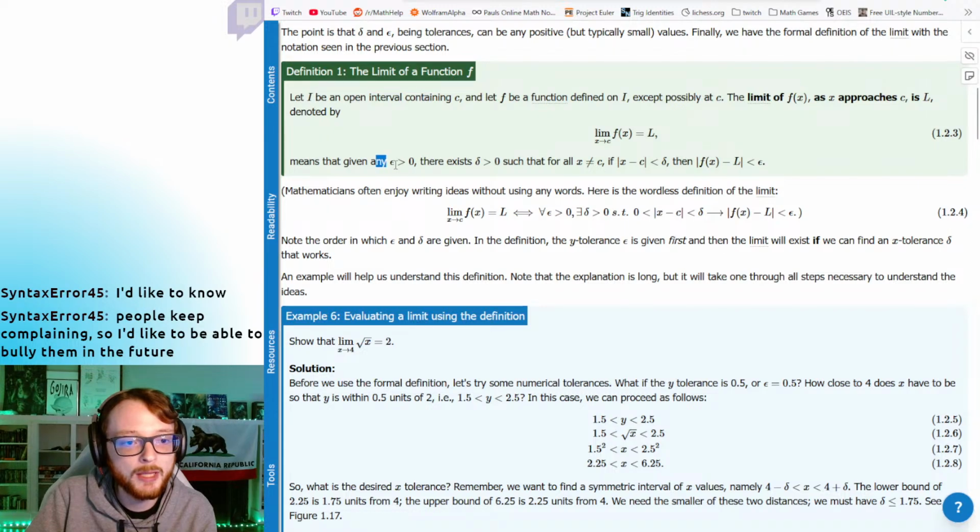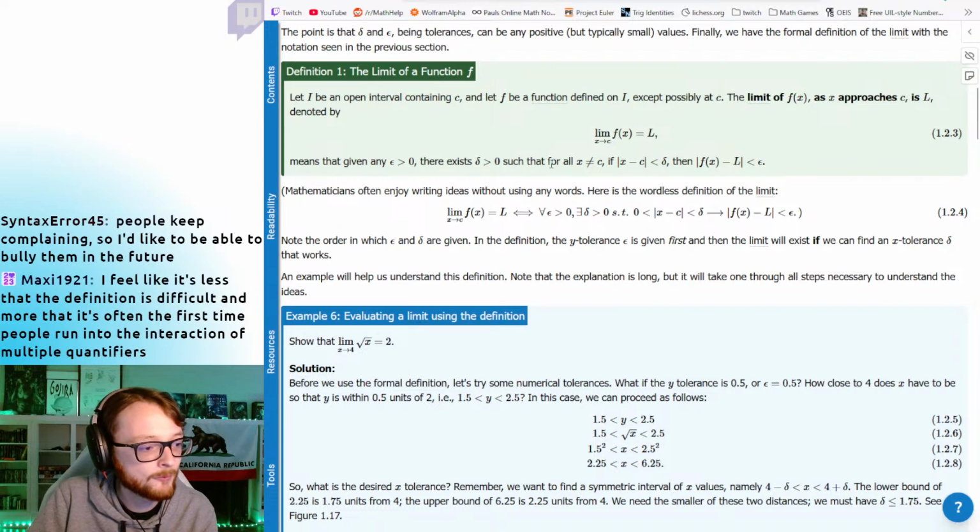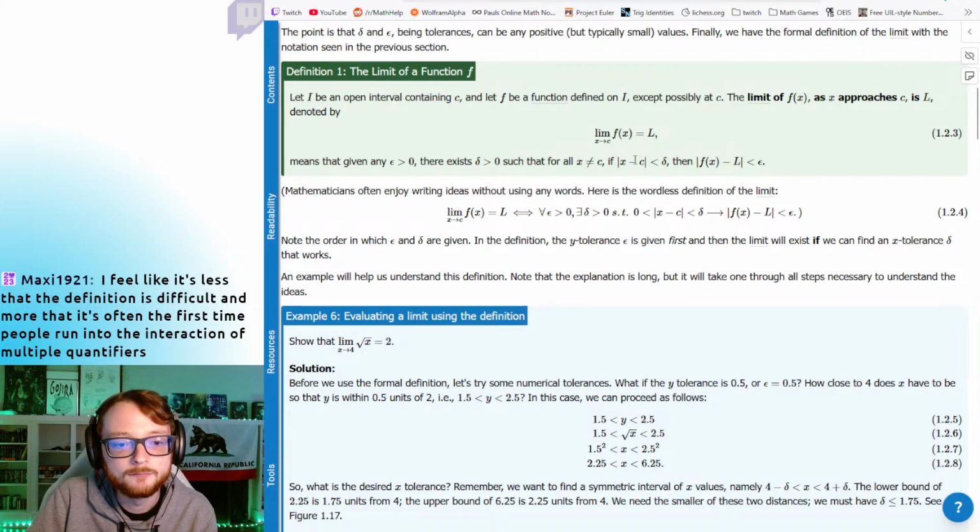So you're given an epsilon and you have to name this delta that supposedly exists for a limit to exist. So that's the fundamental idea behind what's happening here.